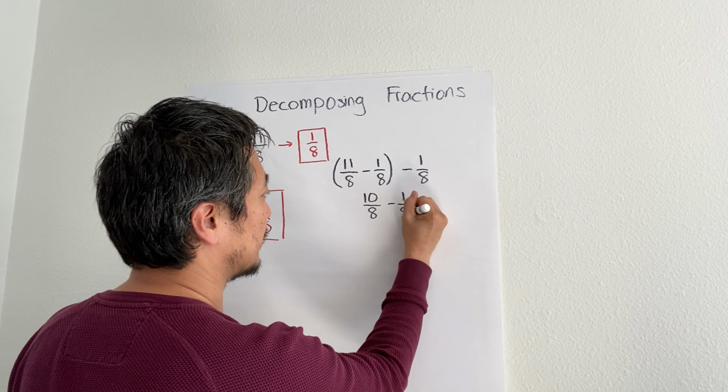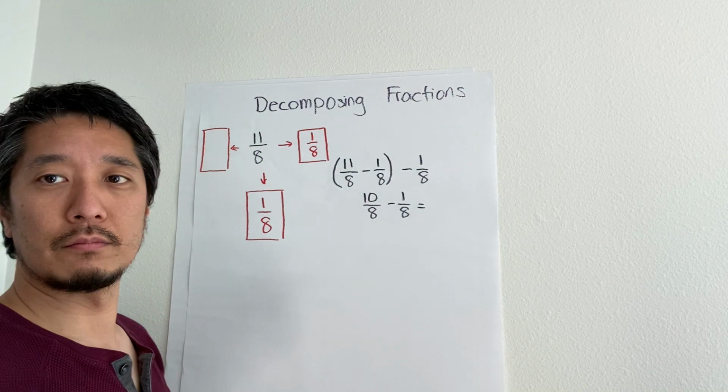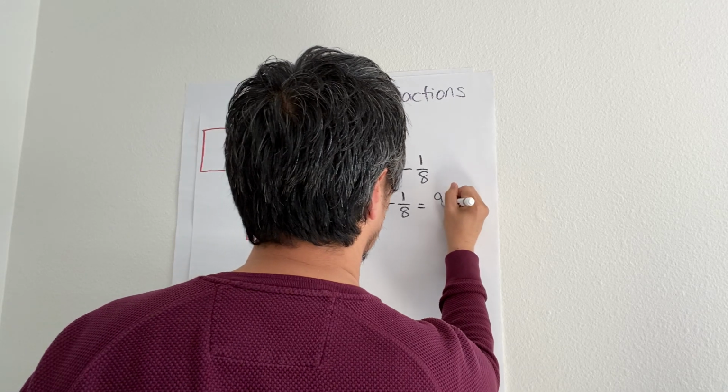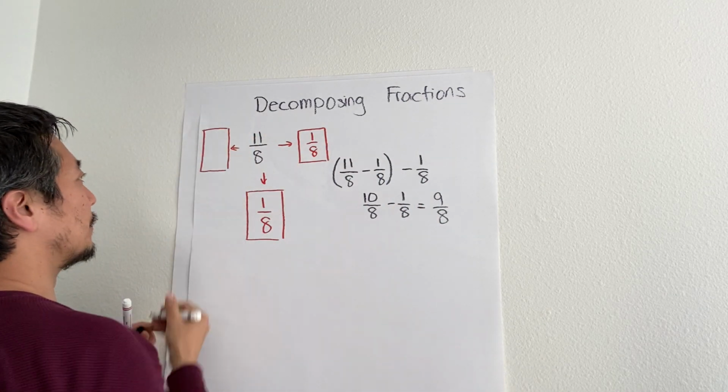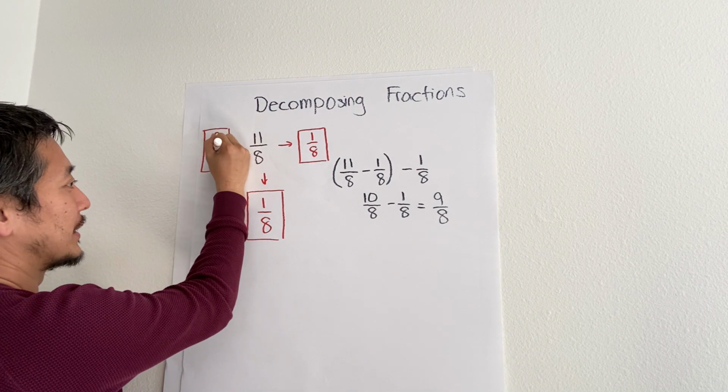Minus 1/8, how many 8s will I have left? If you said 9/8, you'd be correct. So my last split would be 9/8.